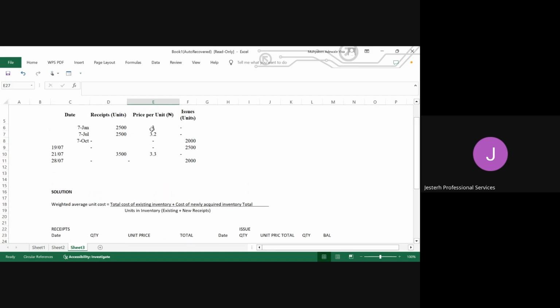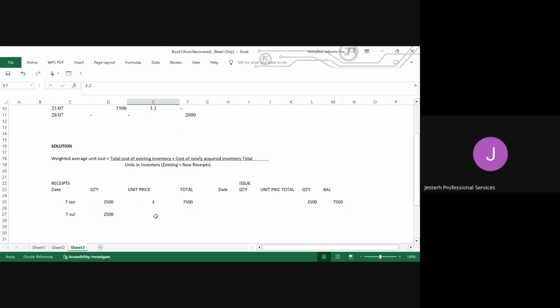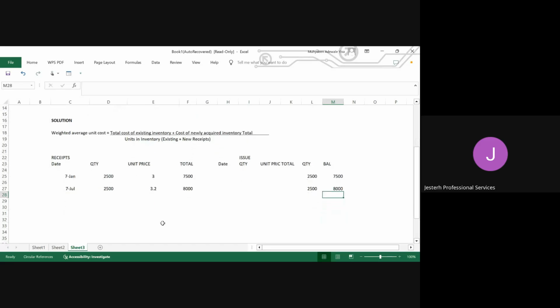The first one they purchased was at 3 naira, but this one is at 3 naira 2 kobo. Then you multiply this one to get the total value. Then we come here, and they purchased another 2005 worth 8,000. Now, this is where we have work to do.